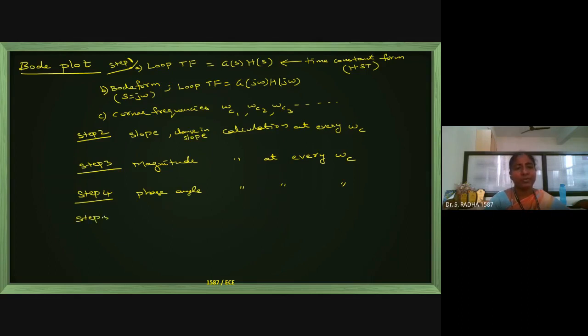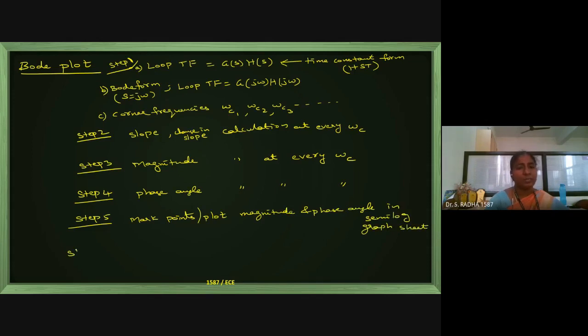Step number 5, we have to mark the points, or plot the magnitude and phase angle, on semi-logarithmic graph sheet. Okay, this is the point.